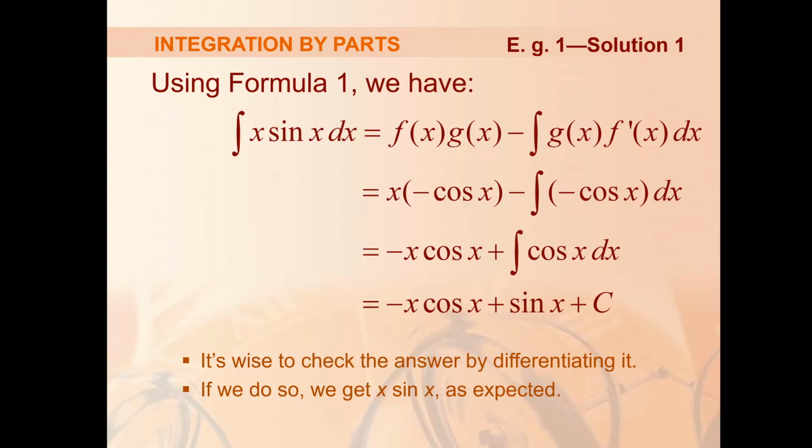Using the integration by parts formula, the integral of x sine of x dx is f of x times g of x, which is x times negative cosine of x, minus the integral of g of x f prime of x, which is the integral of negative cosine of x dx. Negative, negative, so it turns out to be positive. The first part is done already, so there's no need to integrate it. For the second half, once we integrate it, we get sine of x. So eventually, the integral of x sine x dx is negative x cosine of x plus sine x plus c.